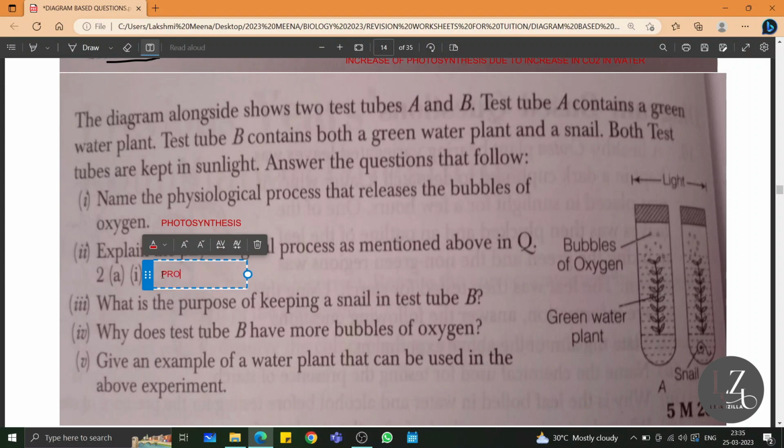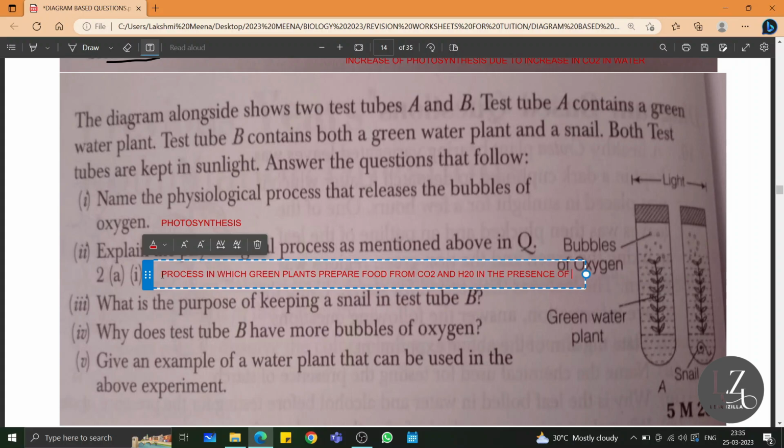Process in which green plants prepare food from carbon dioxide and water in the presence of sunlight and most importantly chlorophyll.